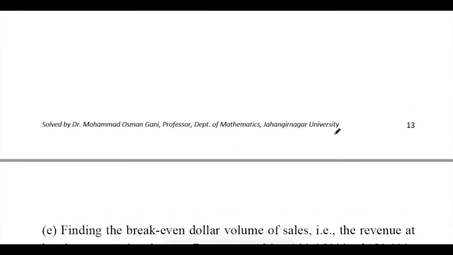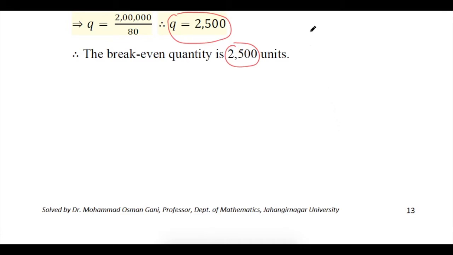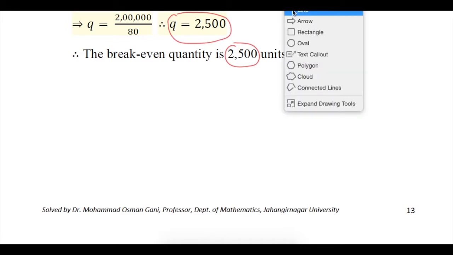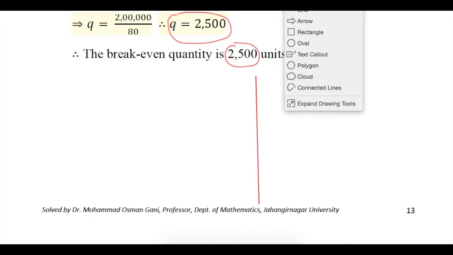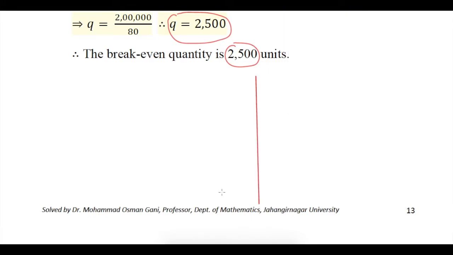And the break-even chart, let me show you quickly here. We already discussed the break-even chart in our previous lecture elaborately. So let me just show you the break-even chart for this problem.